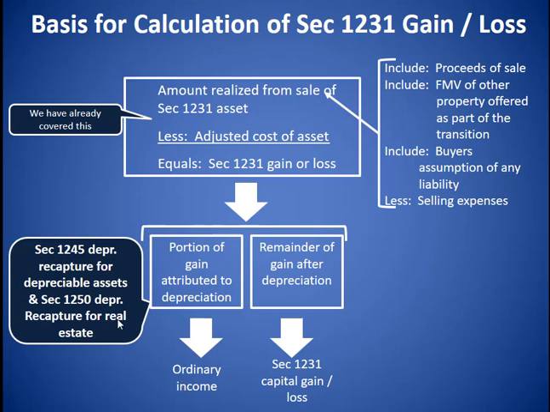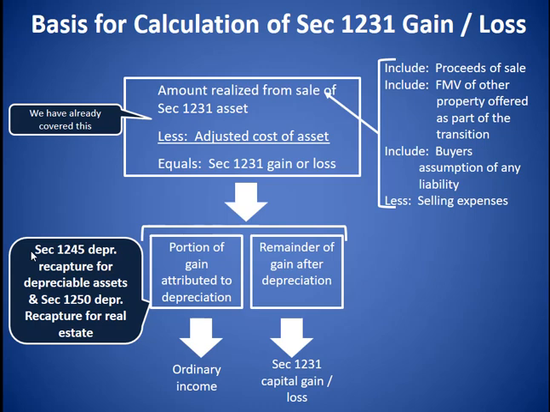This is because of Section 1245 of the IRS code, which says that the portion of the gain that was attributed to depreciation has to be considered as ordinary income, to avoid not only being able to reduce your taxable income for depreciation, but also then allowing for the gain or loss benefit for a capital gain or loss. So you have to subtract out that portion and include that portion as regular income.